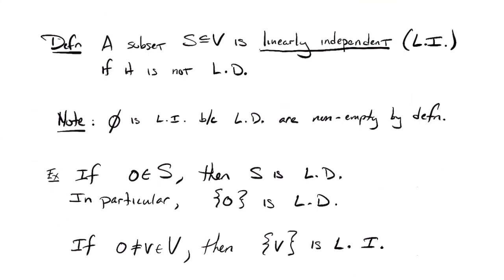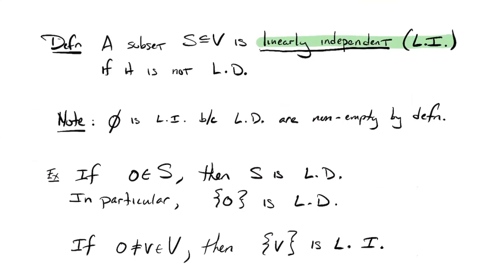Equally important is the kind of antonym case. We're going to call a subset linearly independent if it's not linearly dependent. Given a subset of a vector space, it's either linearly dependent or it's not, and in the case that it's not, we're going to call it linearly independent. These are just some nitty-gritty things, but it's a nice place to say them.